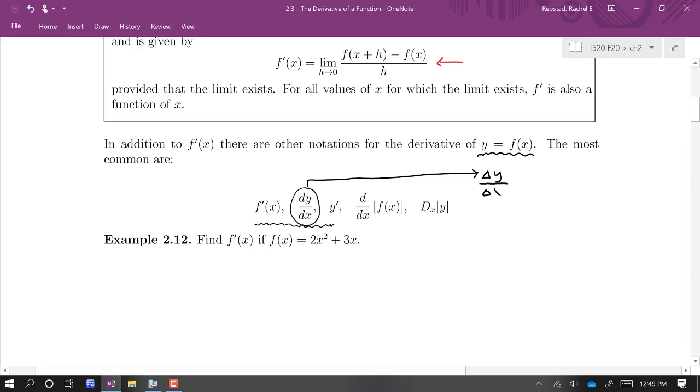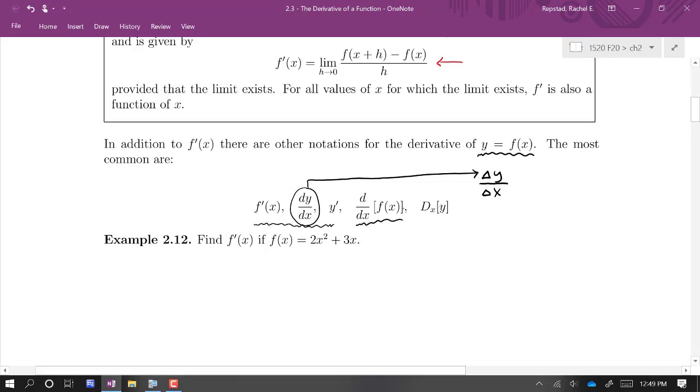Depending on how many science courses you've taken, you'll be aware that delta stands for a change. So change in y over change in x, delta y over delta x. And the idea is that as delta x gets really, really small, which also causes delta y to be very, very small, we just change it from delta x to dx. So dy dx denotes the derivative.